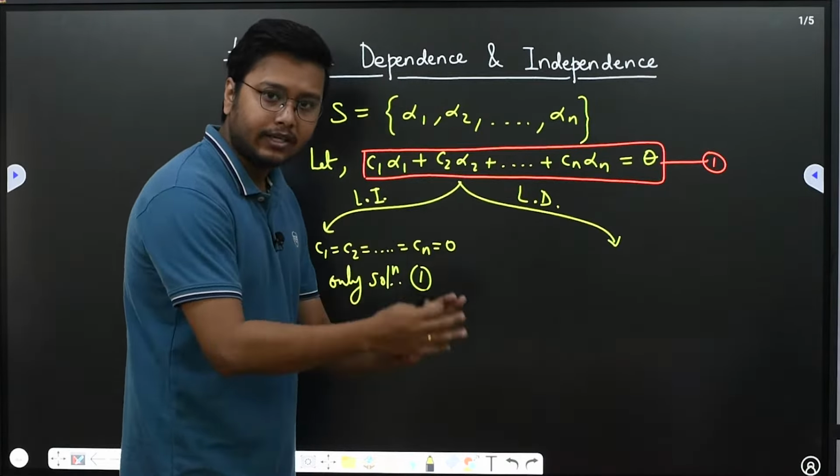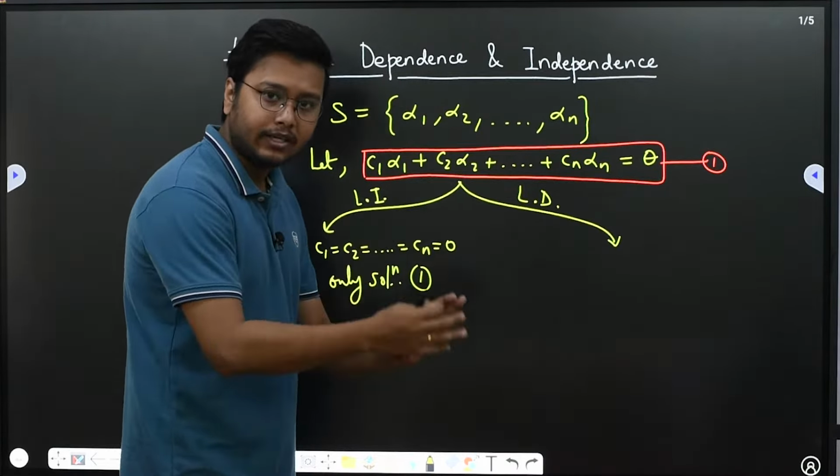The element just before this one would be Cj minus 1 alpha j minus 1, and the element just after this would be Cj plus 1 alpha j plus 1, and like this it would go on until minus Cn alpha n. So I have kept this Cj alpha j on one side and taken everything else on the right hand side, so no need to write the theta on that side anymore. Something like this we are getting.